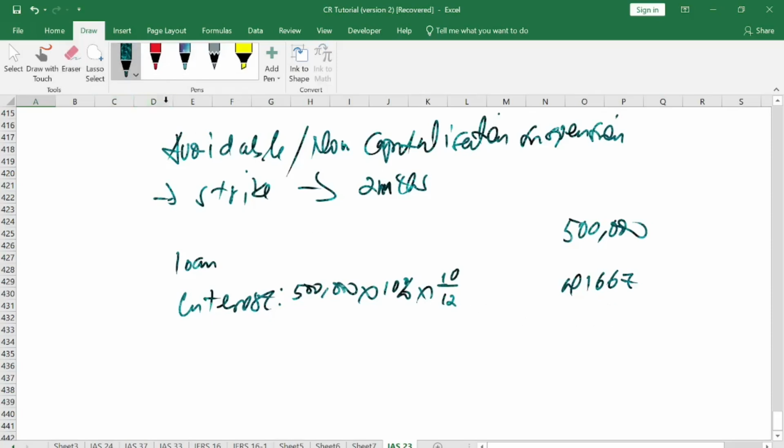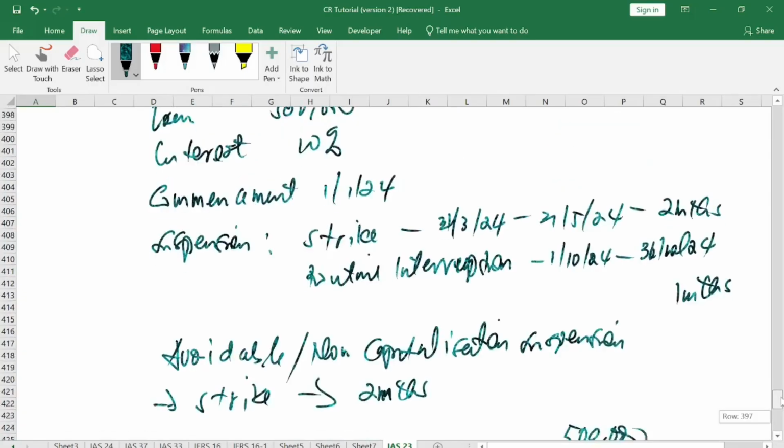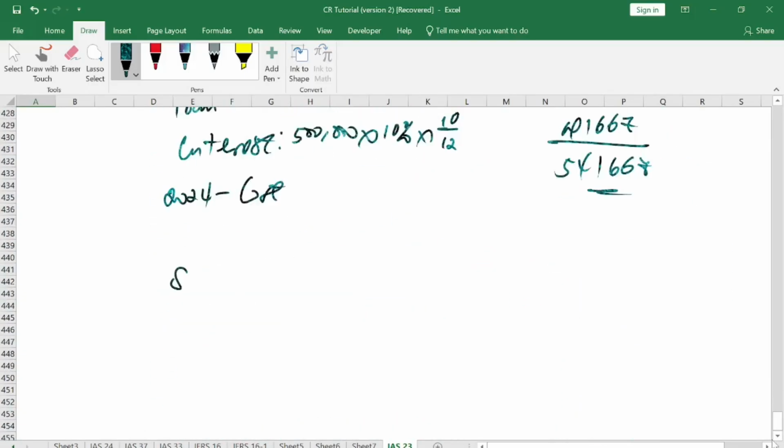Right. So if you want to know the total cost of the project for 2024, you will just add it. That gives you 541,667 for 2024. This is how the calculation is going to be. And now the suspension, the strike period. You have 500,000 times 2 months times 10%, so you'll have 8,333.